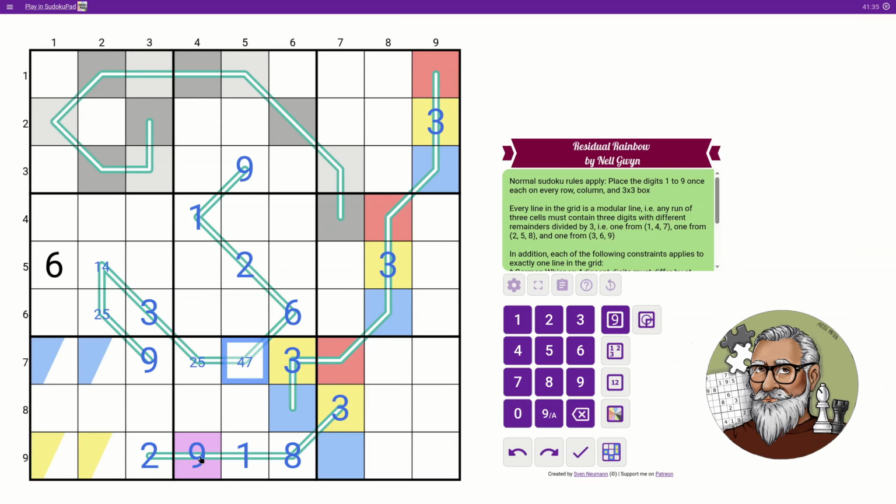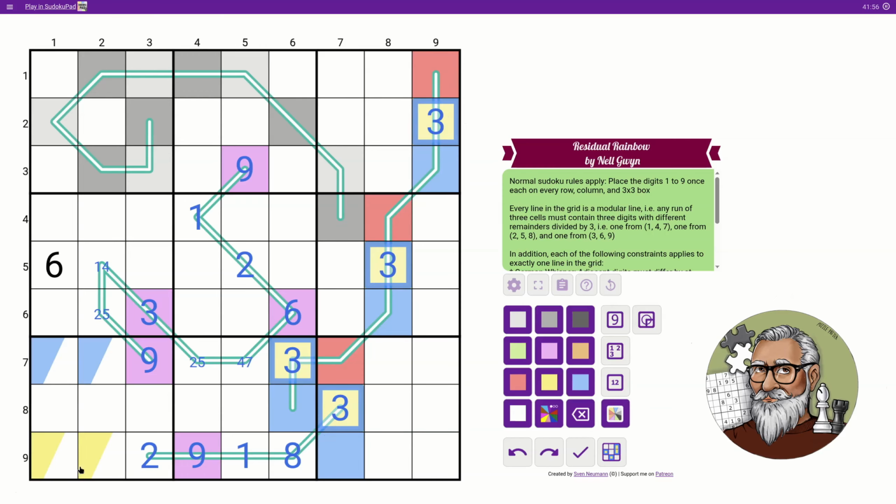Okay. But I know now that 9 and 3 are purple. Those are purple as well. I don't need the yellow anymore.